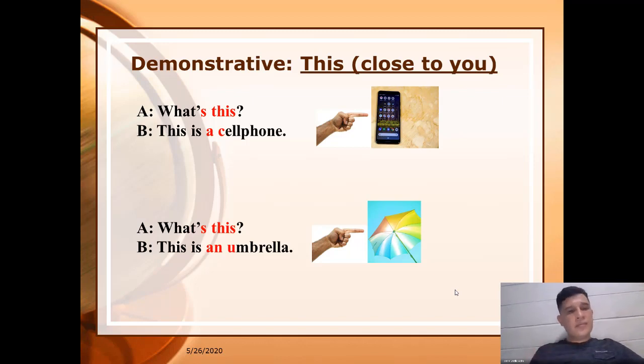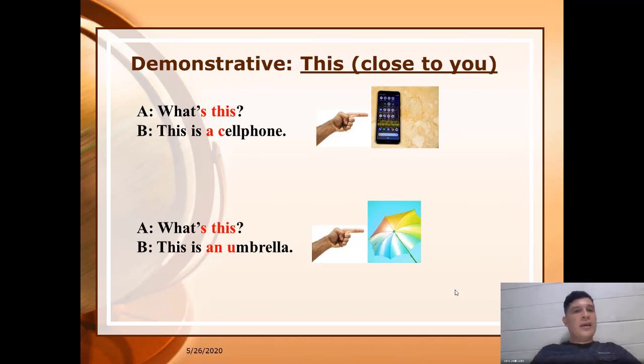Entonces, an seguido de una vocal. Recuérdese que this es para objetos que están cerca de usted. Okay, so now let's practice this part.